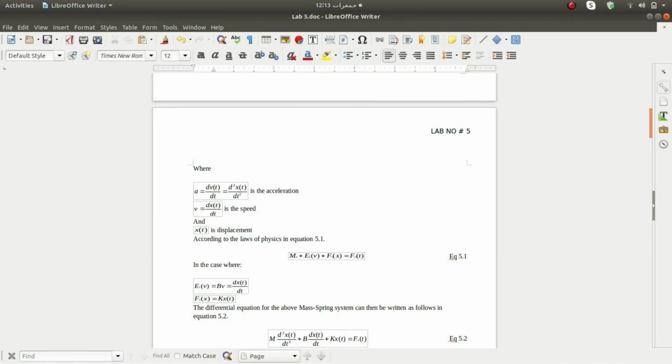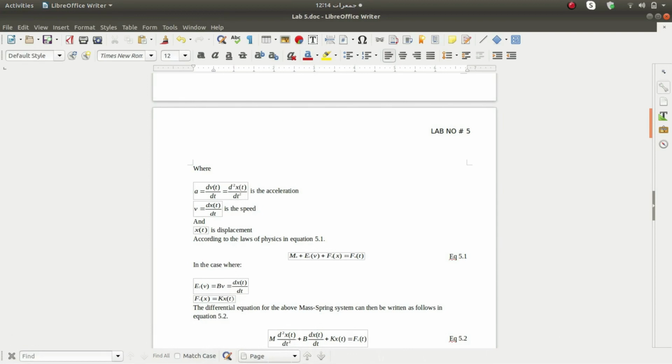For frictional force, we know that it is equal to the frictional coefficient multiplied by the velocity. Because we want to convert each quantity into displacement, we have to put the values in the form of displacement. So b multiplied by v, where v equals dx over dt. Here we have b as well.